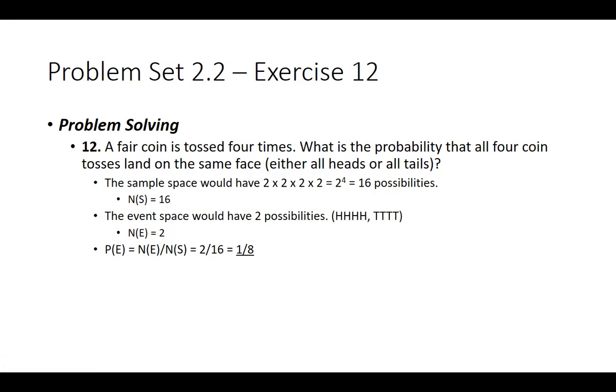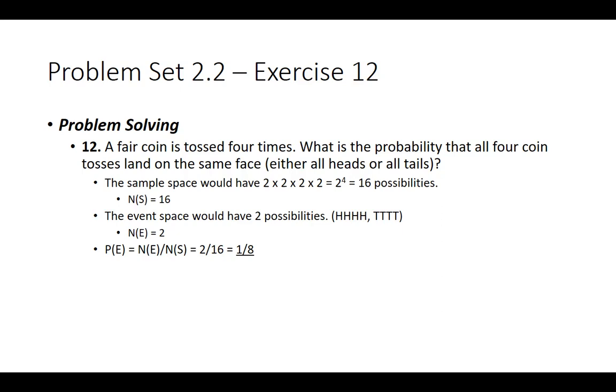Number 12. A fair coin is tossed 4 times. What is the probability that all 4 coin tosses land on the same face, either all heads or all tails? So first we would need the sample space, and we're tossing a coin 4 times.